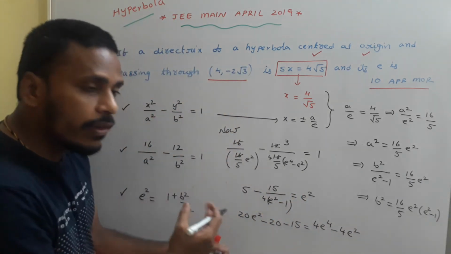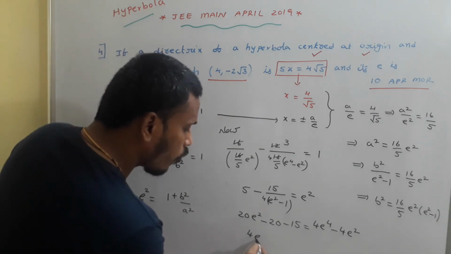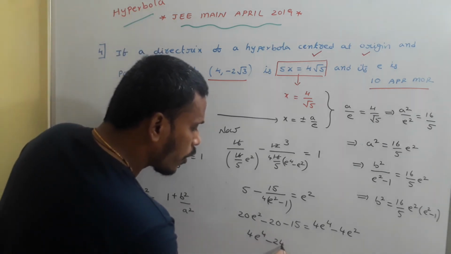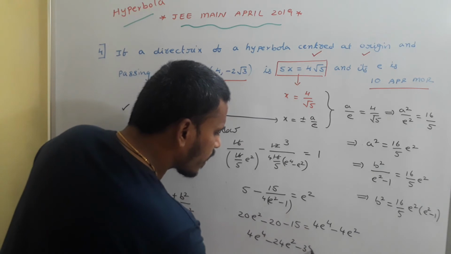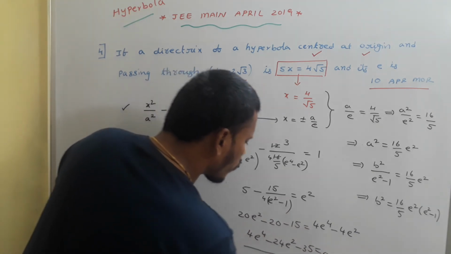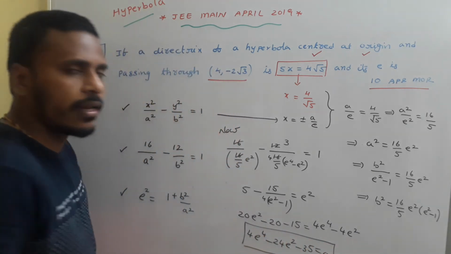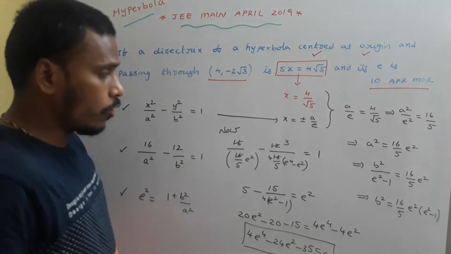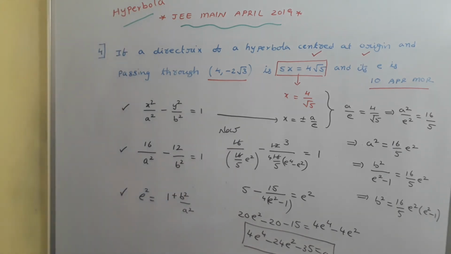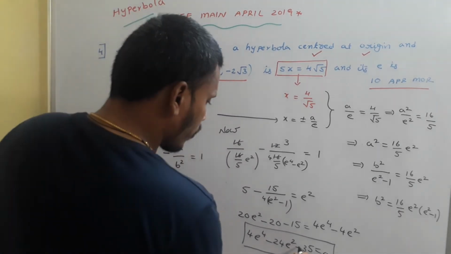Now if you move everything to one side, it becomes 4 e power 4 minus 24 e square plus 35 is equal to 0, and that's our answer at the end.